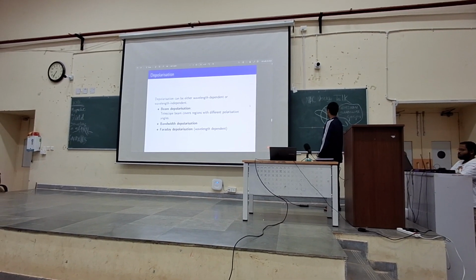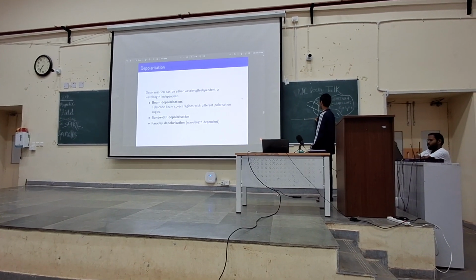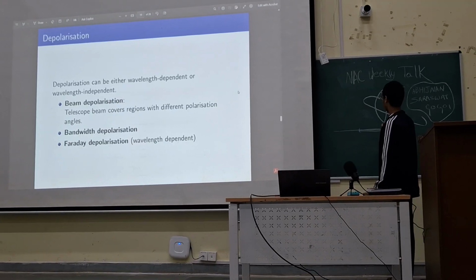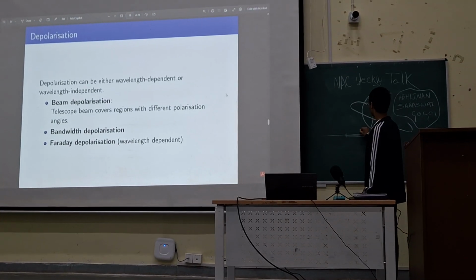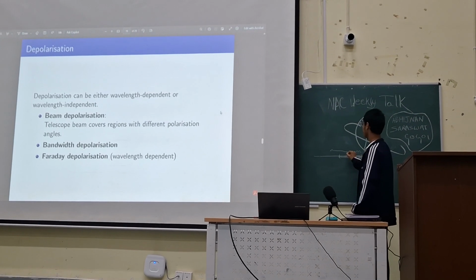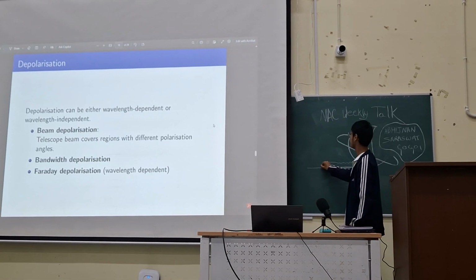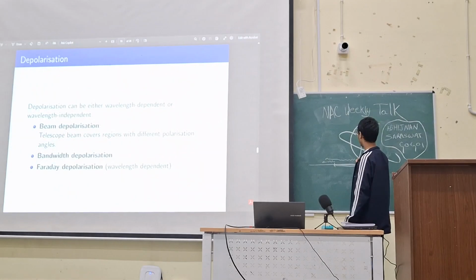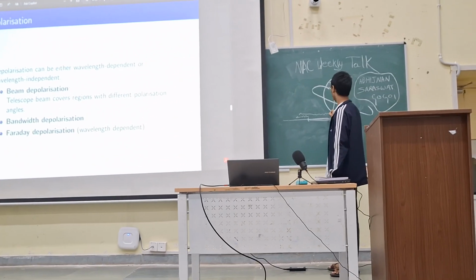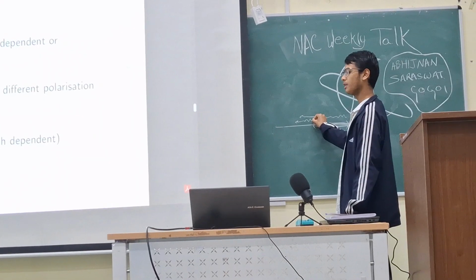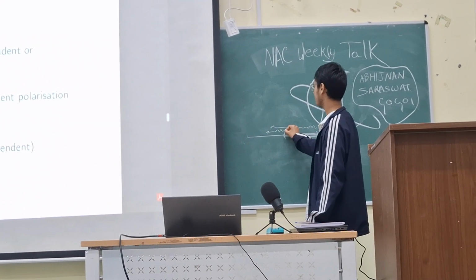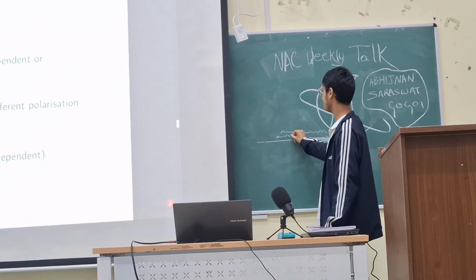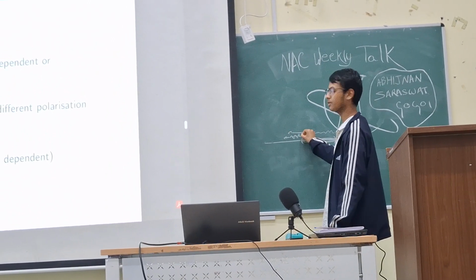Synchrotron radiation is emitted from this distance, and also from this distance, and from all these distances. The amount of Faraday rotation that occurs for this light will be more as compared to the amount of Faraday rotation for radiation that comes from this source.